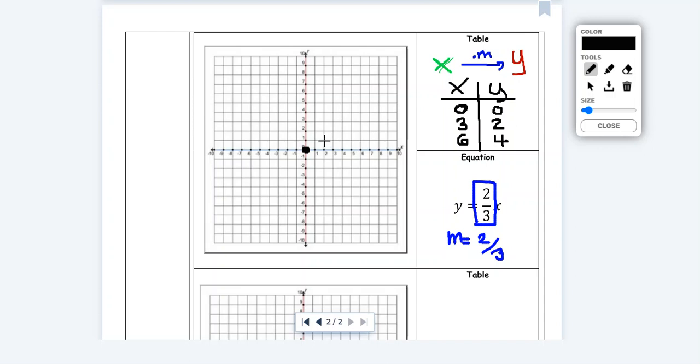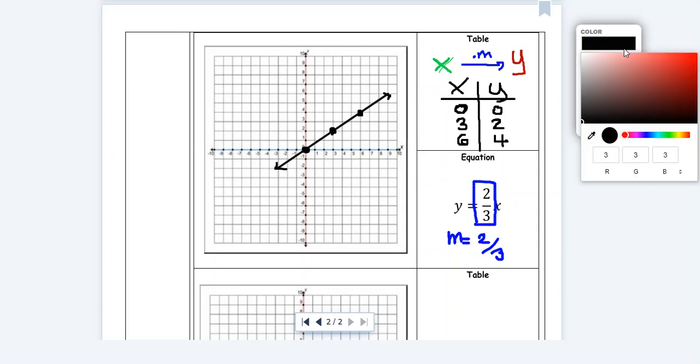Okay, then over 3 up 2, 3, 2, and 6, 4. 6, all the way up to 4. There we go. 6, 4. Once I've done that, I can draw a line through the points, and I've created my graph.